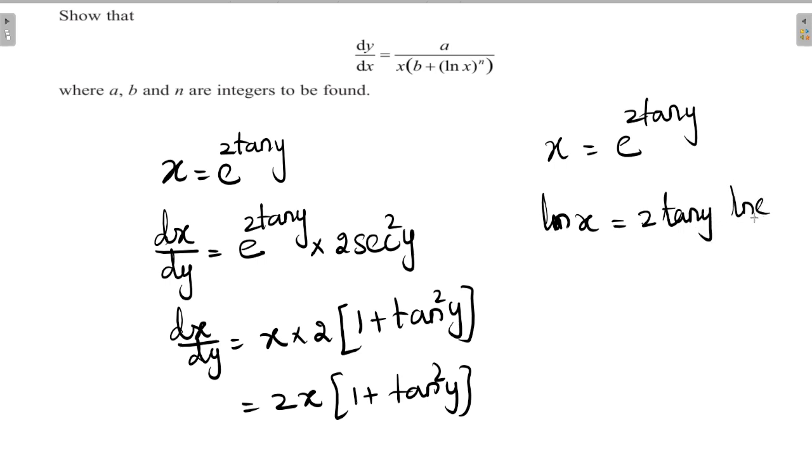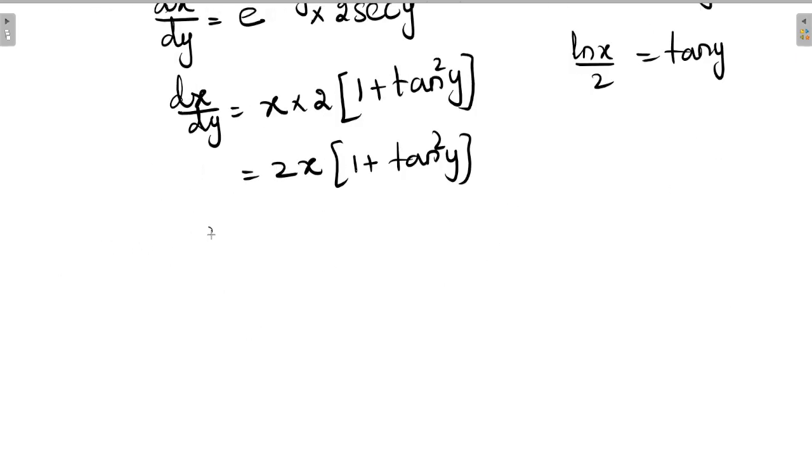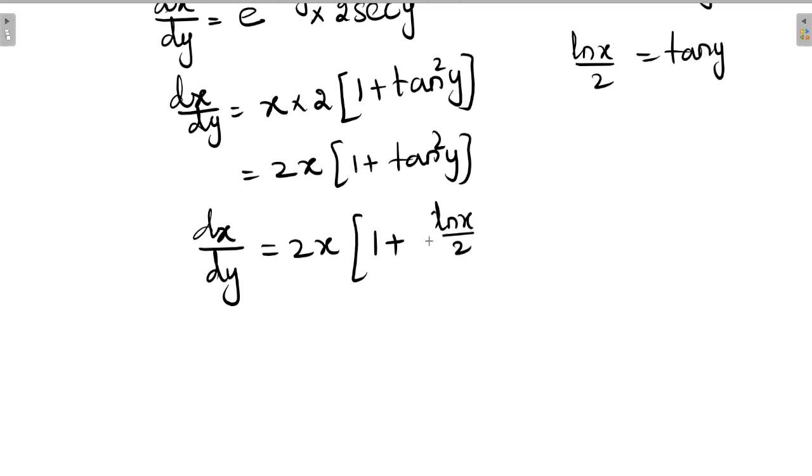Ln e value is 1 because the base is also e. Here ln x by 2 is equal to tan y. Now we can replace tan y with ln x by 2. Here dx by dy is equal to 2x times 1 plus ln x by 2 the whole square.